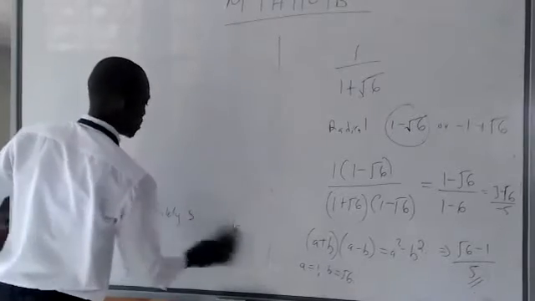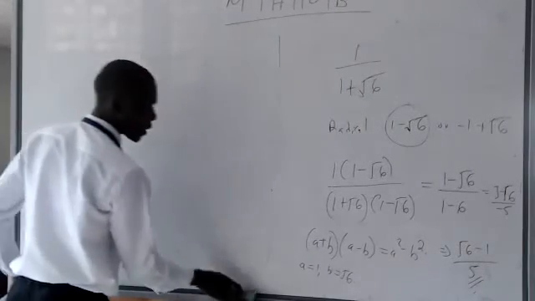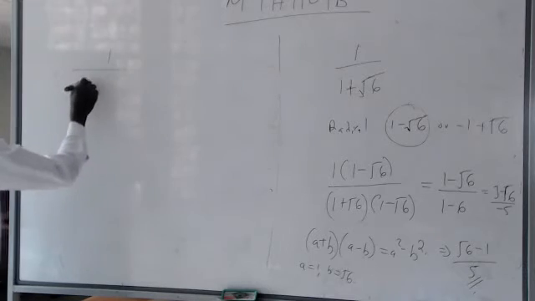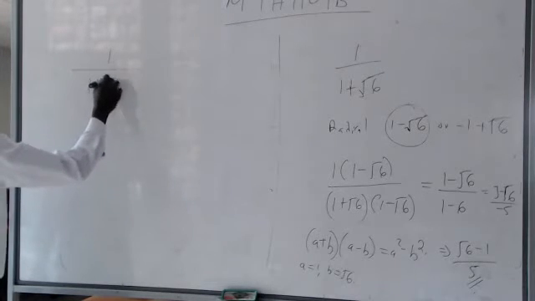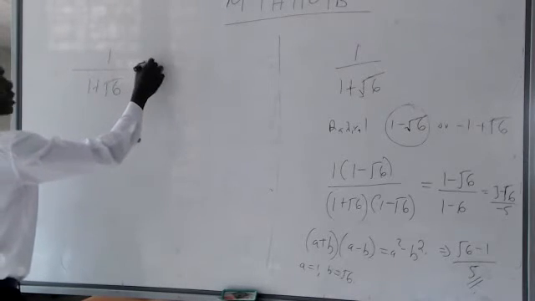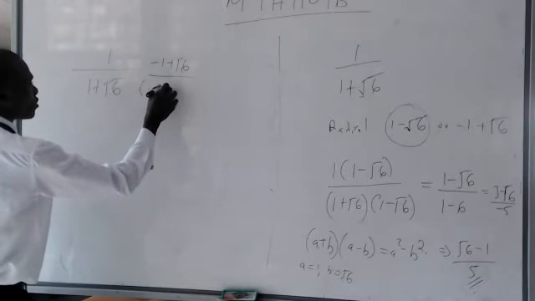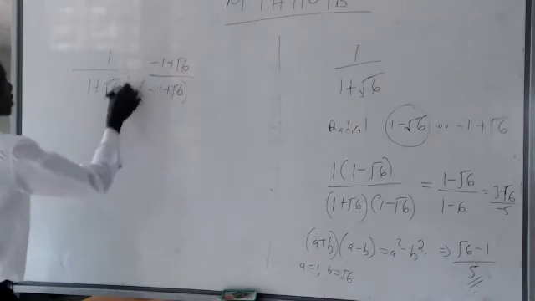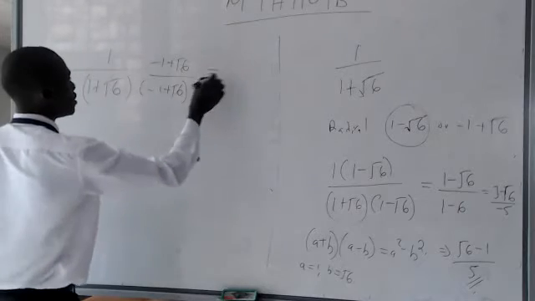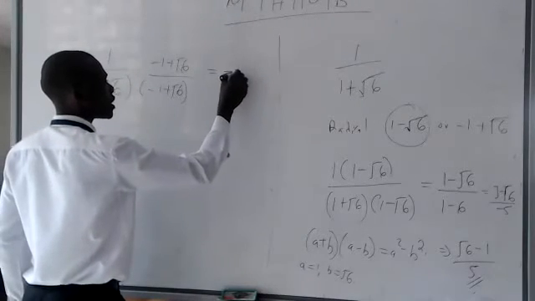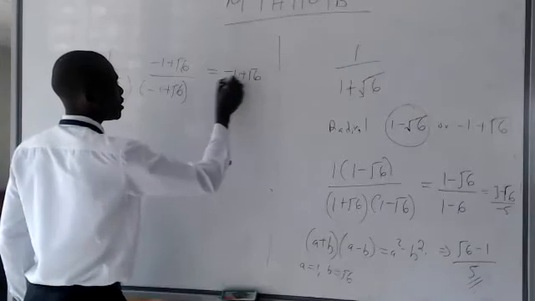How about someone who decides to choose the other one? The approach is the same. I will still take 1 fraction multiplied by the conjugate this time around, negative 1 plus root 6 over negative 1 plus root 6. Again, in the numerator, everything multiplied by 1 is that number itself. It stays.